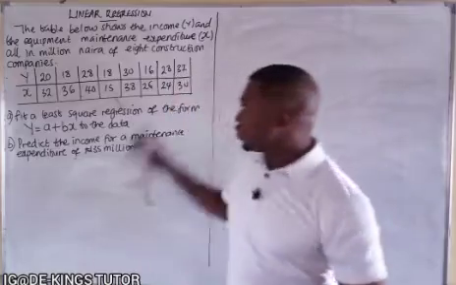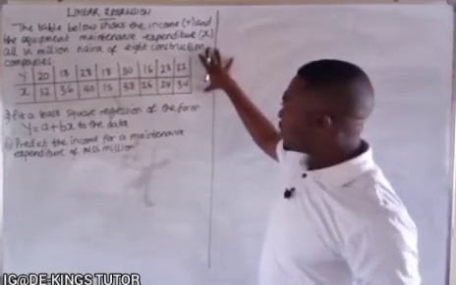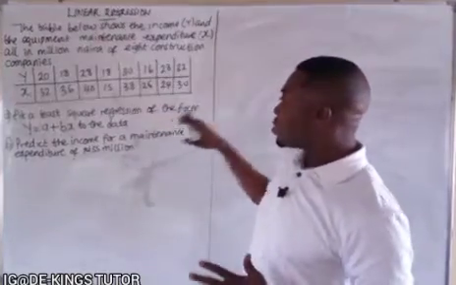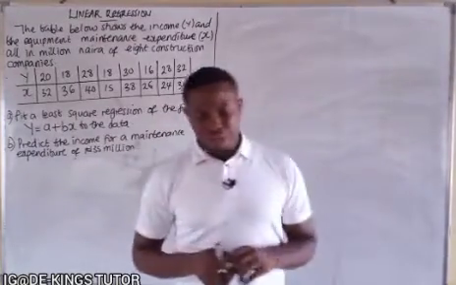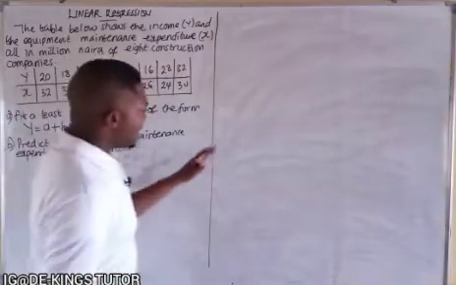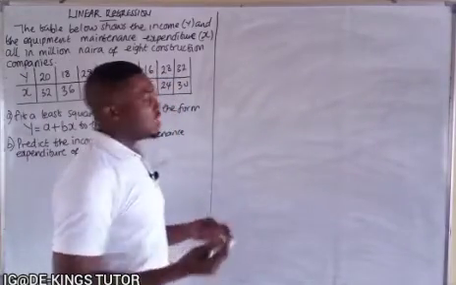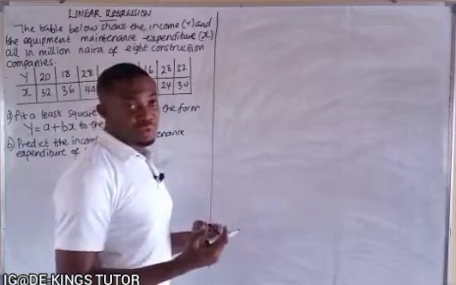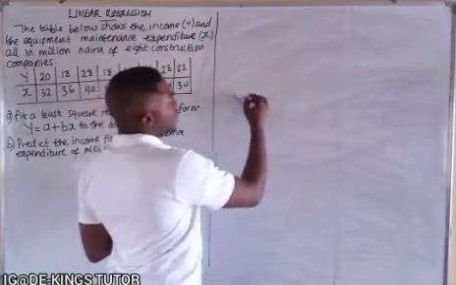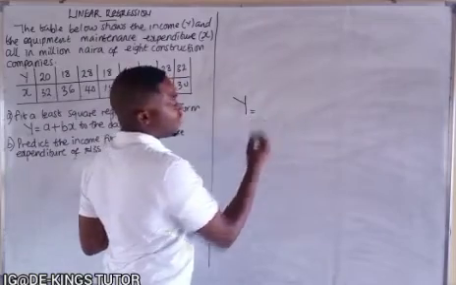Okay, so we have a question in which they are asking us to prepare a least square regression. Before we proceed, I would like to expatiate on the regression. Remember, we said it shows a relationship between two variables, the dependent and the independent variable. The dependent variable is always denoted with y.